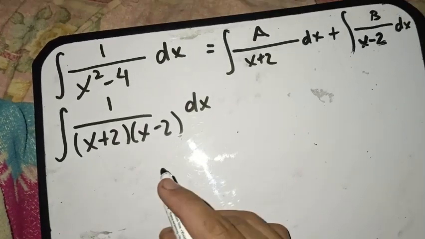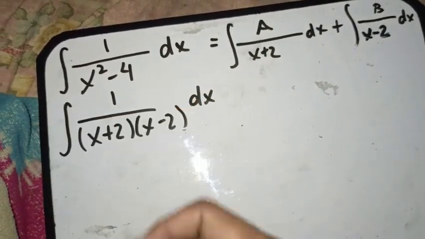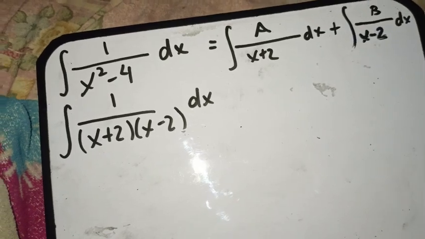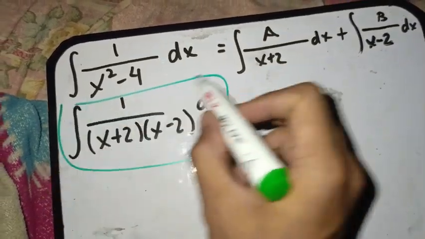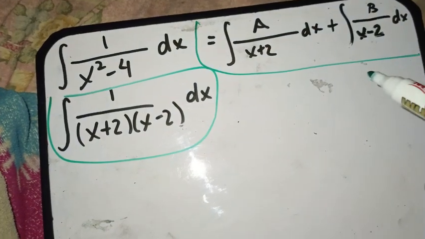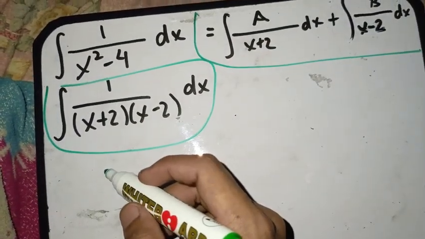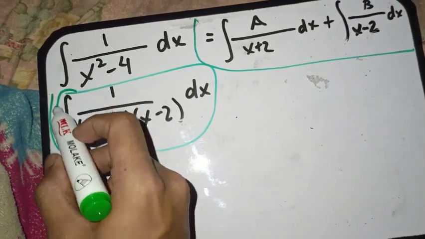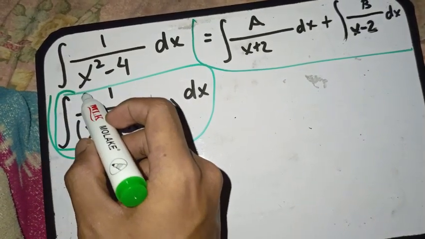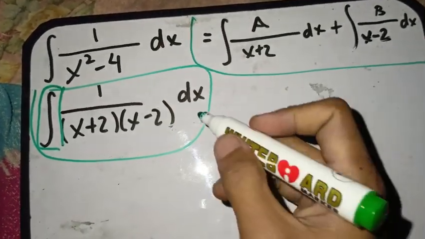We're going to rewrite our new equation, the factored part, but we're going to temporarily ignore the integration signs and the dx.